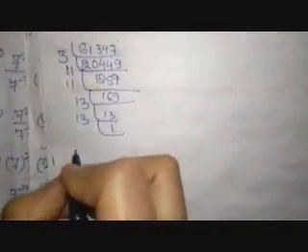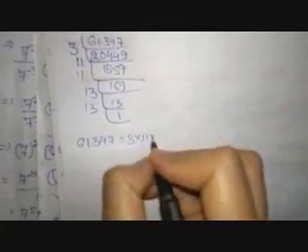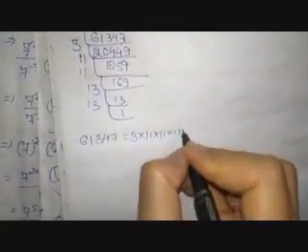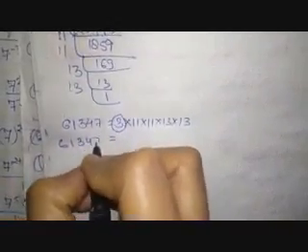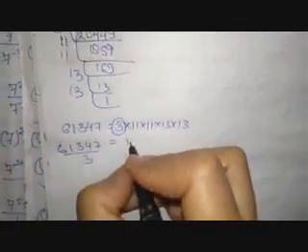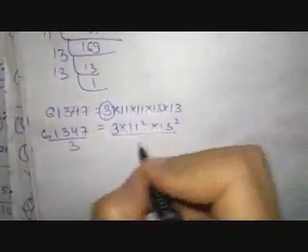So we will write it like 61347 is equal to 3 into 11 into 11 into 13 into 13. Now here I can say that 3 remains unpaired. So I will divide this 61347 by 3, and this 3 into 11 square into 13 square by 3.